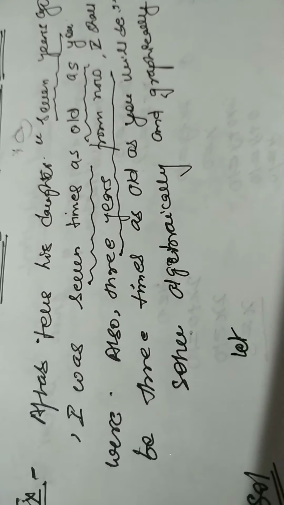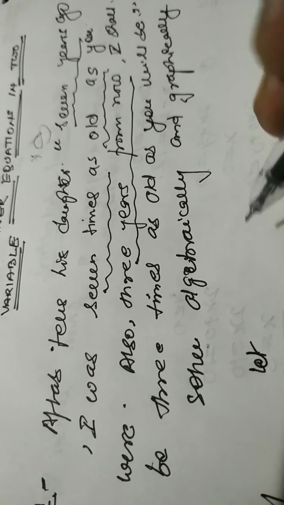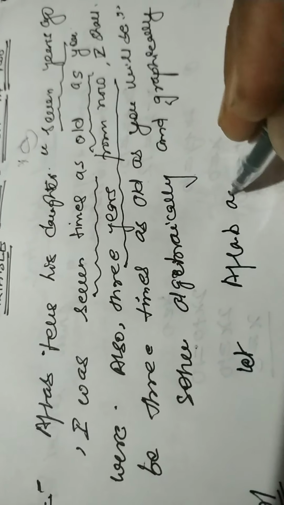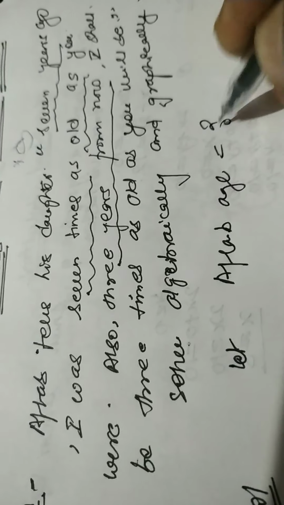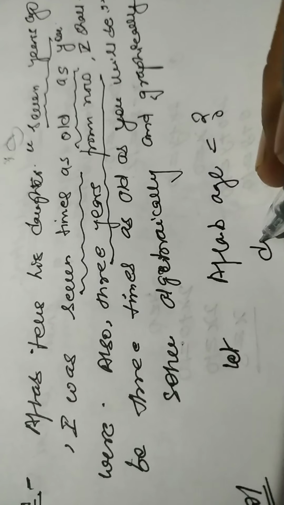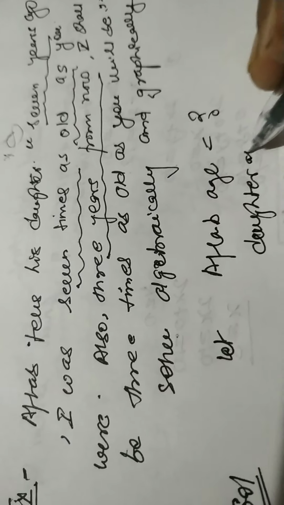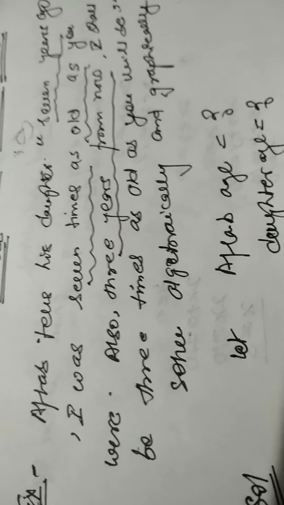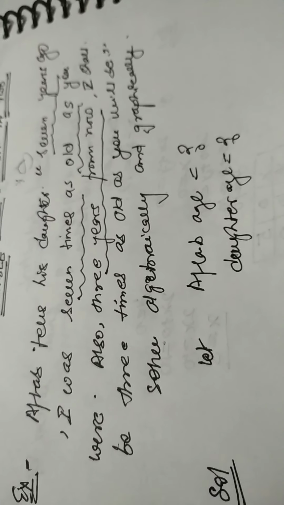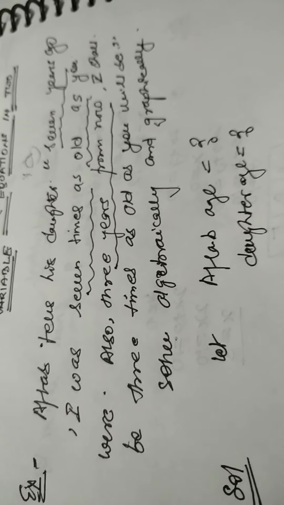There are two ages which we are unaware of: first, Aftab's age, which we don't know, and his daughter's age, which we also don't know. So these are unknown things.